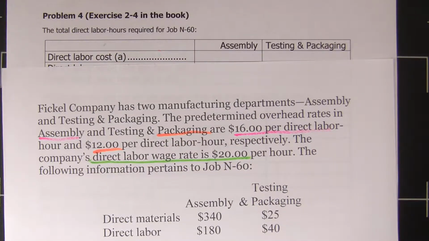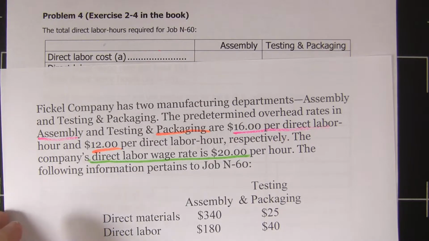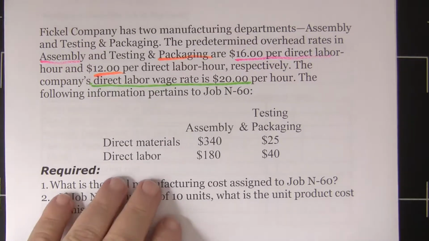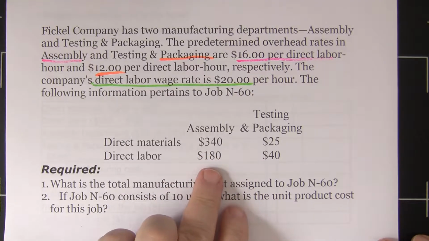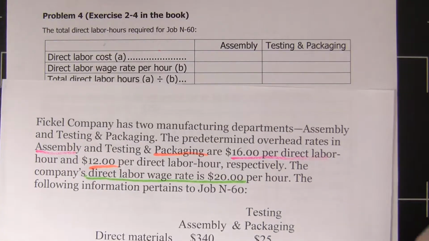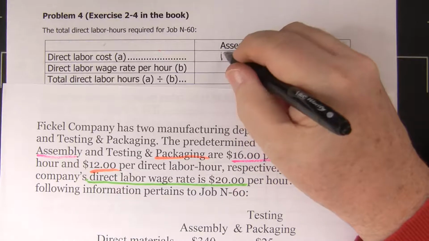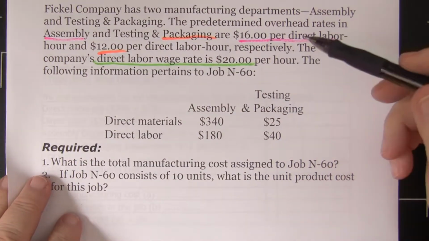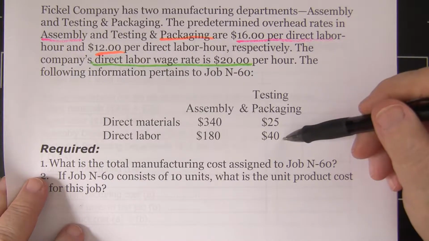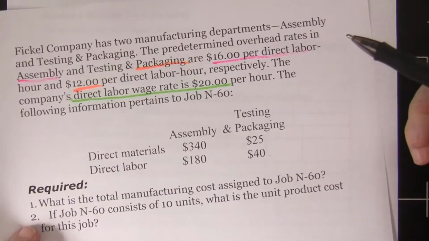The direct labor cost for assembly is $180. So the direct labor cost for assembly is $180. And the direct labor cost for testing and packaging is $40.